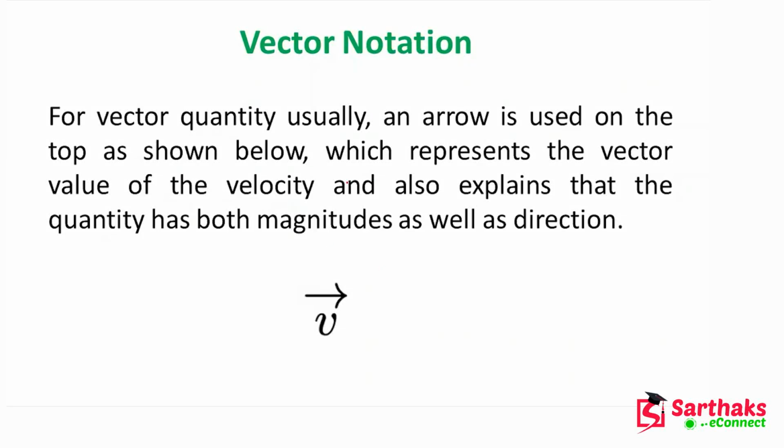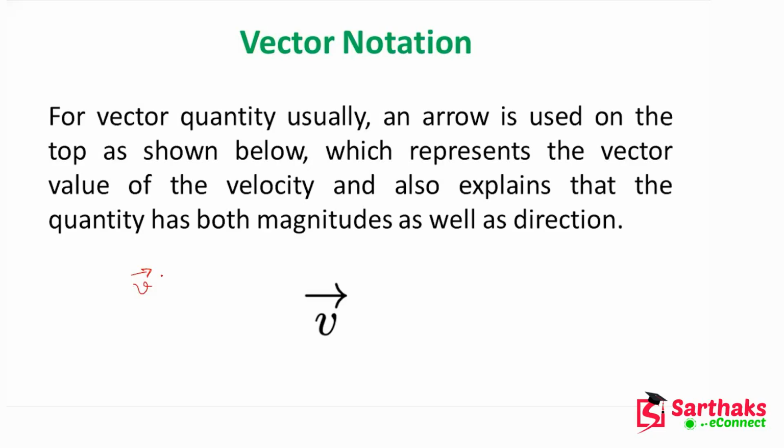Now if you have some vector quantity, you can denote it with respect to V and some notation should be there, an arrow mark should be there, right? If you have the velocity, then you have to give it in this way.